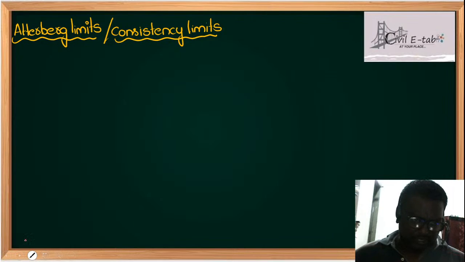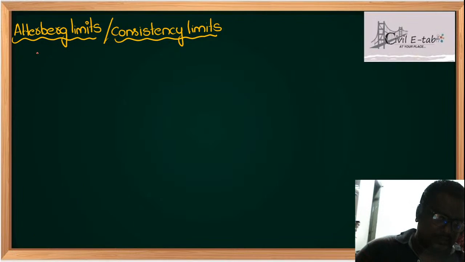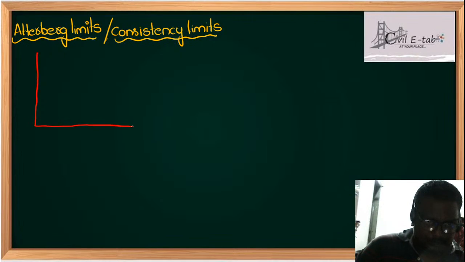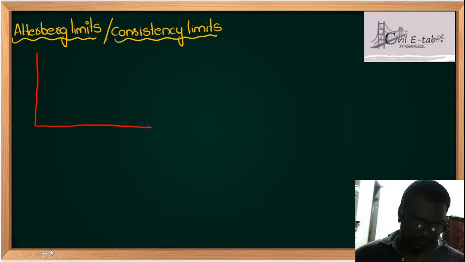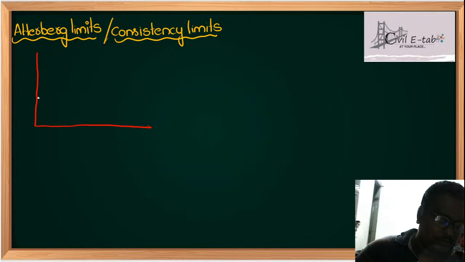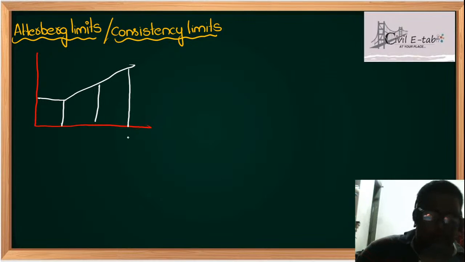If you have an idea about the graphs, then it would be very easy. This is called liquid limit, plastic limit. This is shrinkage limit. This is dry volume.